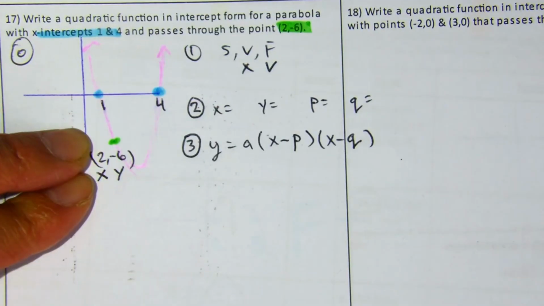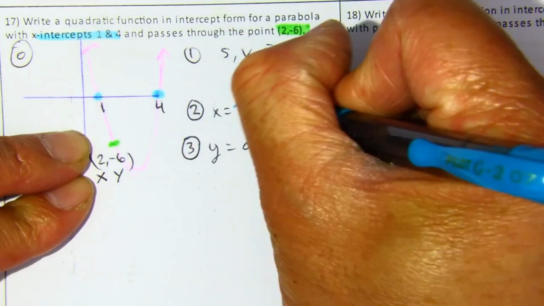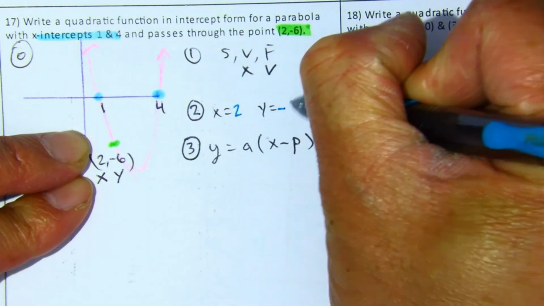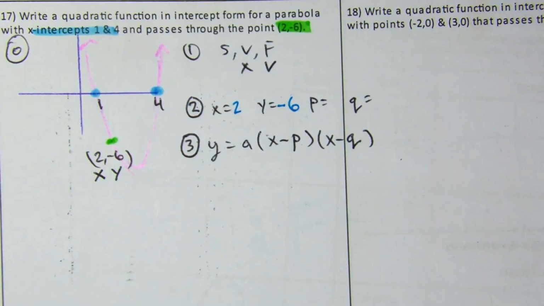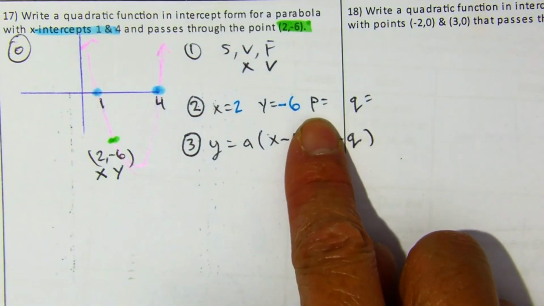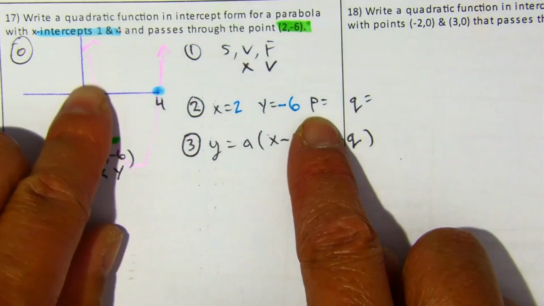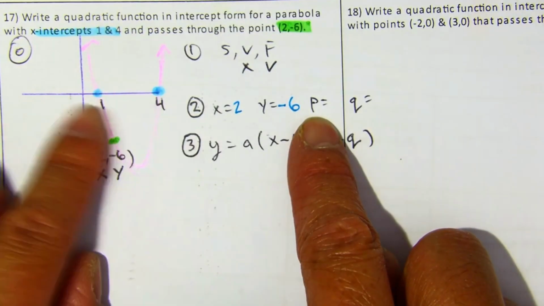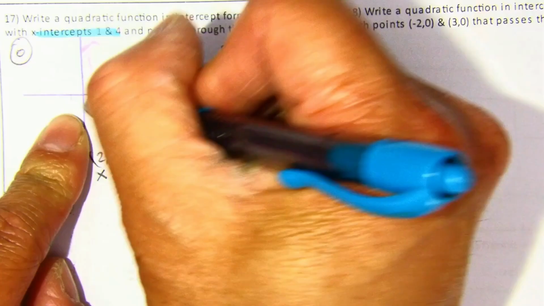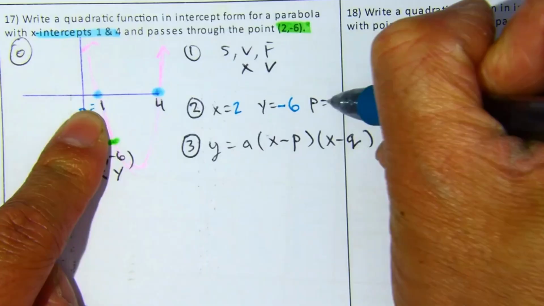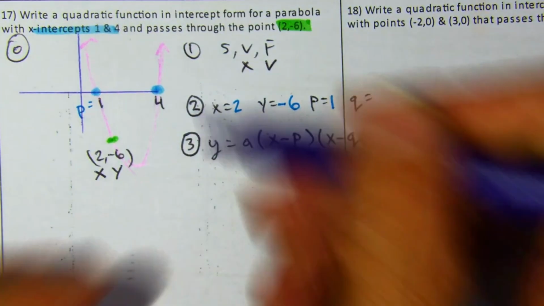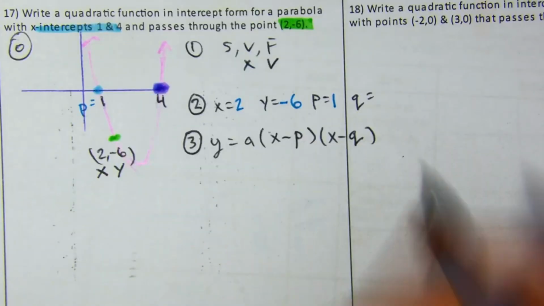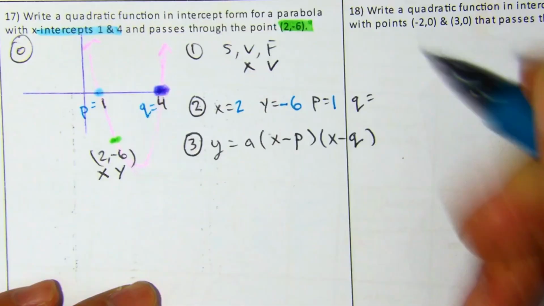Y is what? Negative 6. Our P is one of the x-intercepts and it does not matter which, so I'll just say P is 1. Let's change colors here, and Q will be 4.